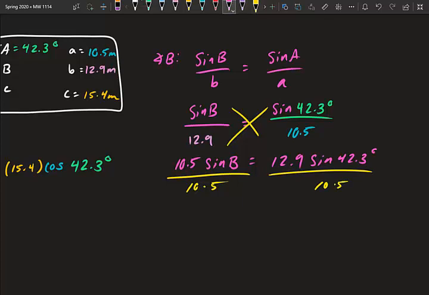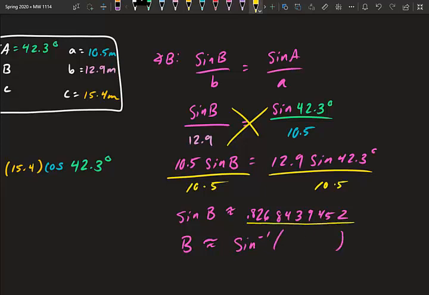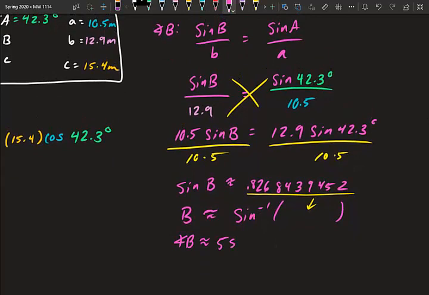And when we do, we get sine B is about 0.8268439452. So to get angle B, we take the inverse of sine. Right, we plug all of our decimal in, and we get angle B is approximately 55.8 degrees. All right, cool, we found angle B.